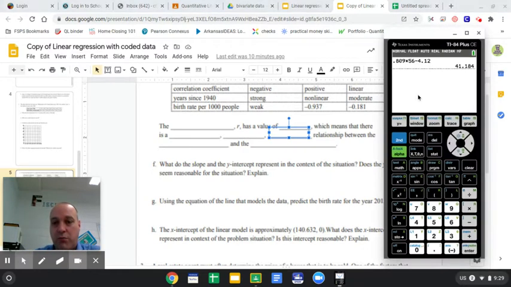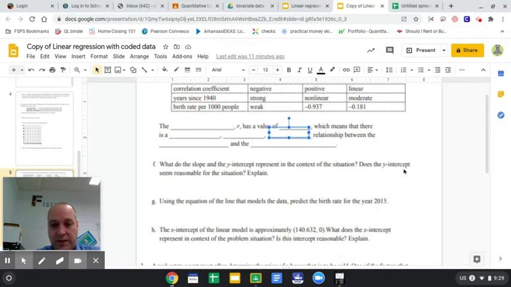You plug it in just like we did the last one, only you put the new equation, which is one of these two numbers, times 75, because 75 years is 2015, and then plus the y-intercept, since I already told you that the y-intercept was positive. Put it in the calculator, hit equal, and it spits out the answer.